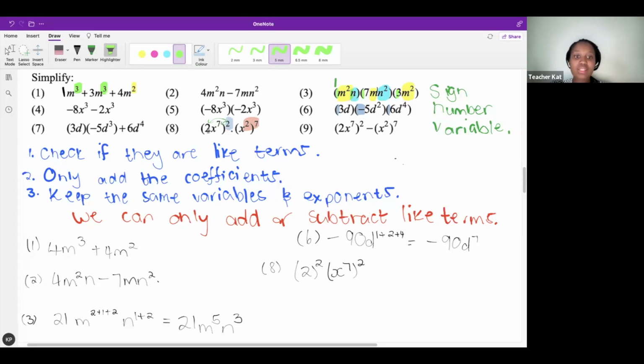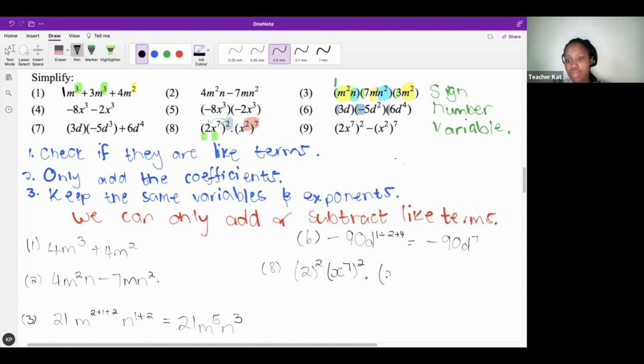If you have a bracket and there are 2 bases, in this case a 2 and an x, then every single base is going to get that exponent. That is only if you are multiplying or dividing, not always. So we distributed it, so 2 squared, and x to the power of 7 also gets a squared on the outside.